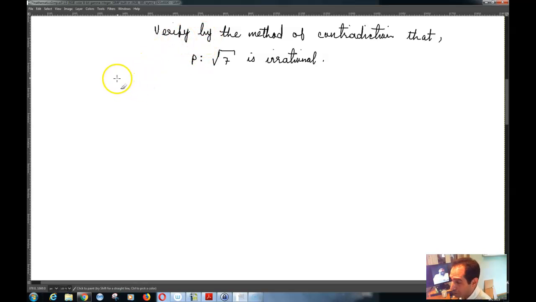That is, we assume that not P is true, where P is the statement that the square root of 7 is irrational. So if not P is true, that means that the square root of 7 is rational.